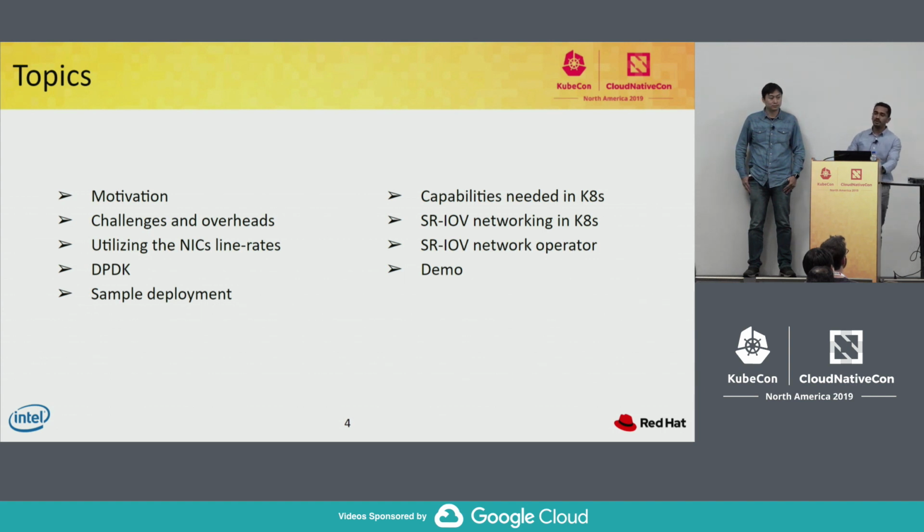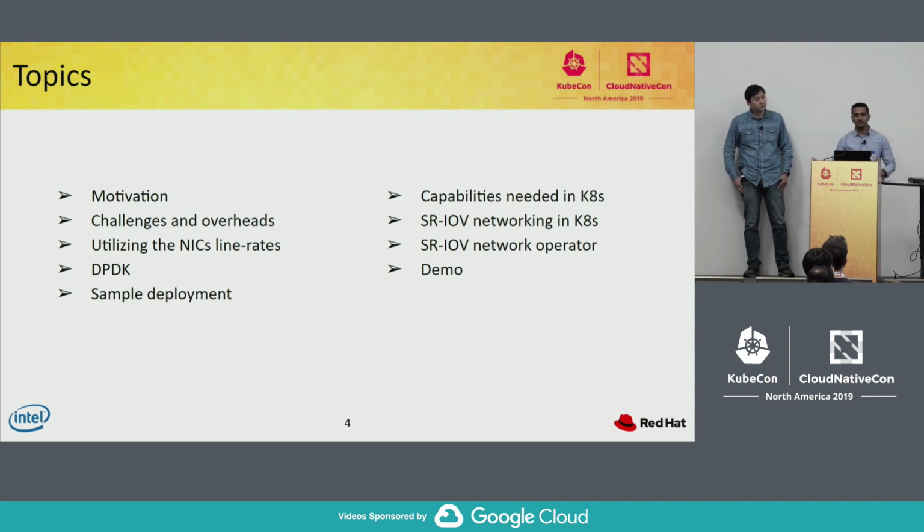Then we'll talk about all the capabilities needed in Kubernetes to run the DPDK application. SR-IOV networking is a big part of this demo, so we'll talk about how SR-IOV networking is done in Kubernetes. Then we'll talk about the SR-IOV network operator, and how that simplifies the whole process. That will be followed by a demo that we have recorded in our lab.